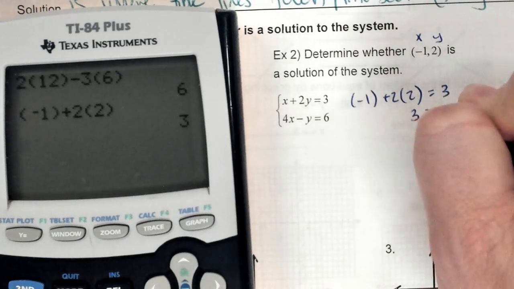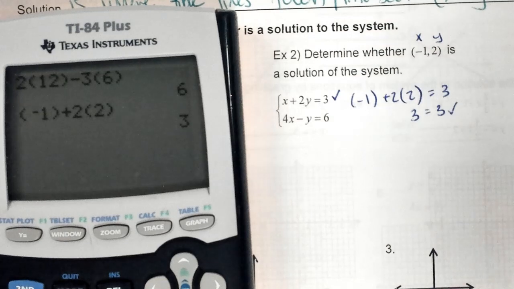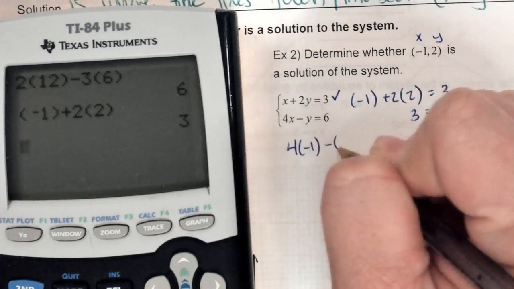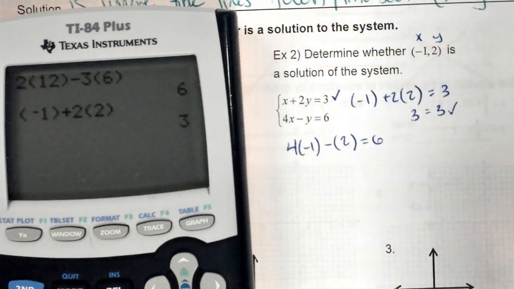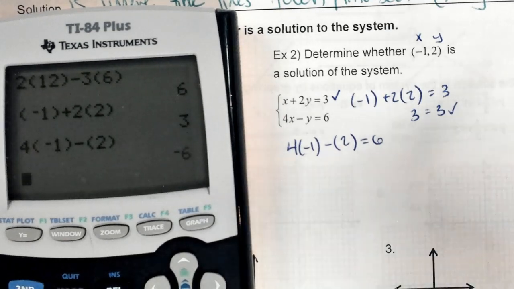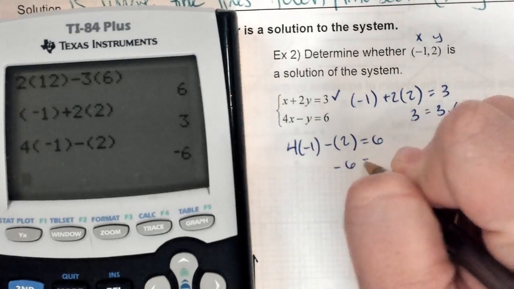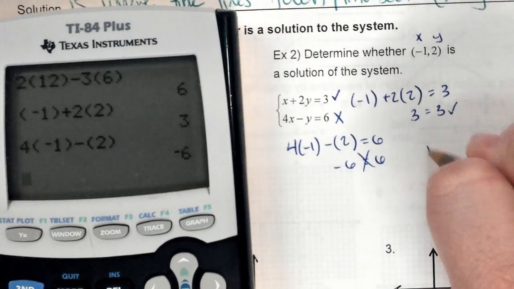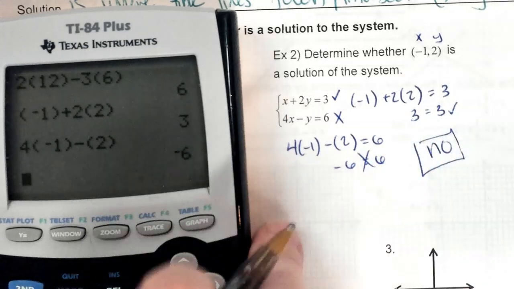It gave me 3 equals 3. And this gives me -6. Is that true? No, because -6 does not equal +6. So this is not a solution to the system.